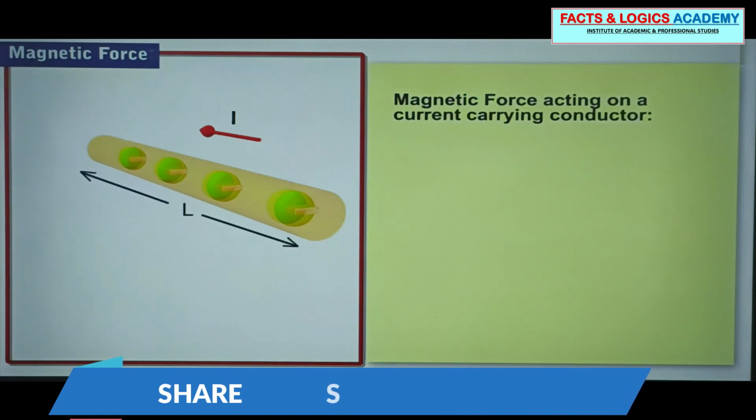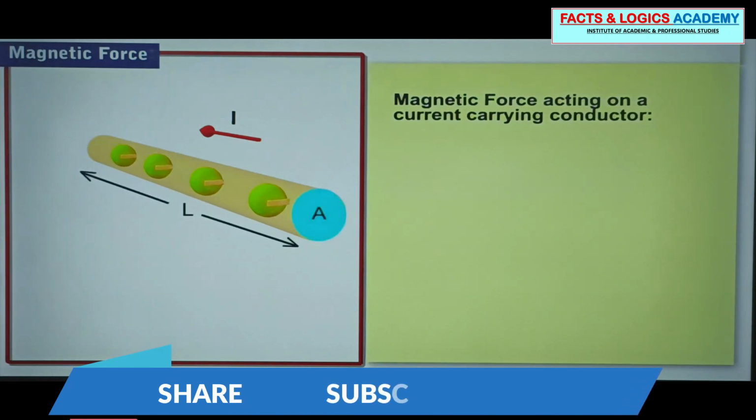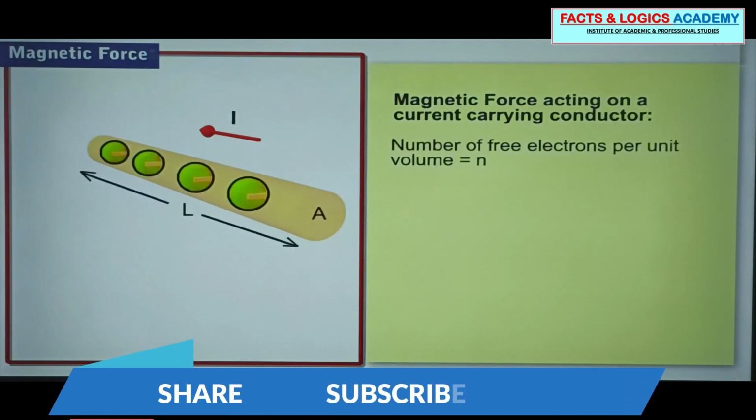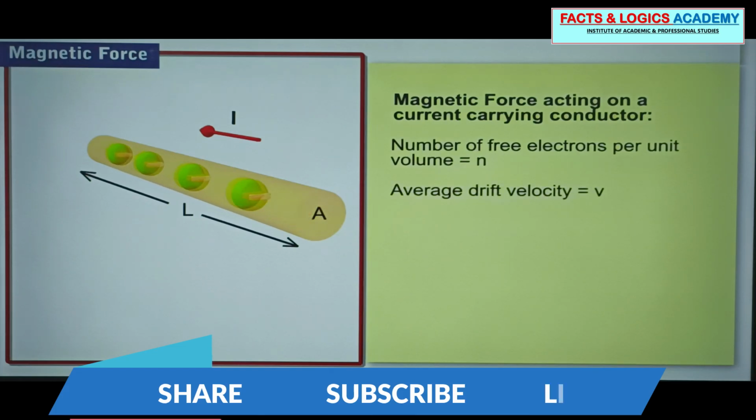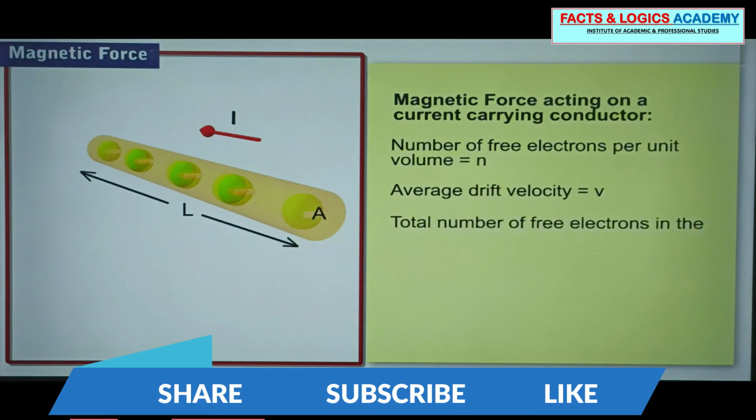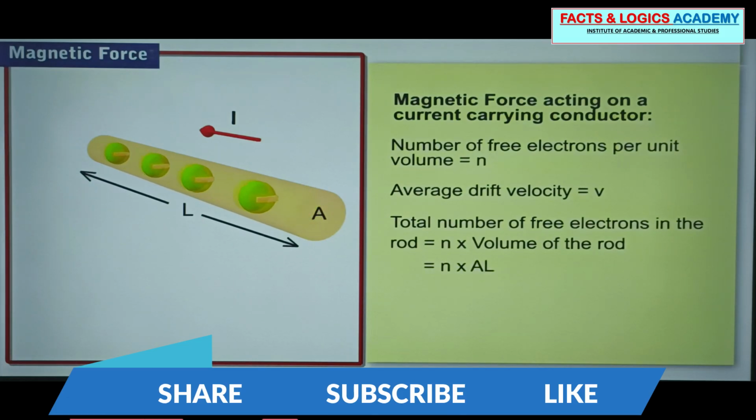Consider a conductor of length L with uniform cross-section A and the number of free electrons per unit volume as N. These electrons are moving with an average drift velocity v. Then, the total number of free electrons in the rod is equal to N times the volume of the rod, which is equal to N into AL.